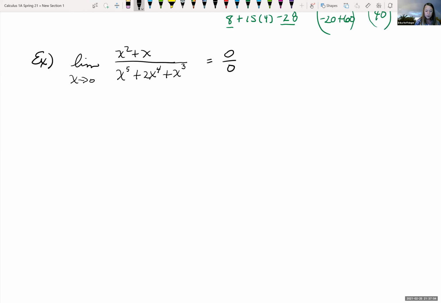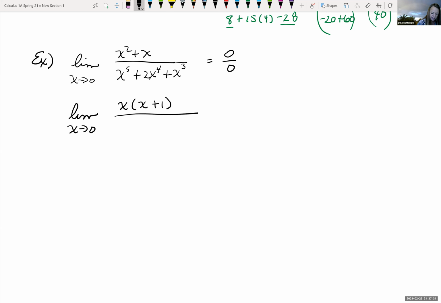So this is where we have to go back and manipulate it. Looking at it, I have a polynomial in my numerator and a polynomial in my denominator. So if I'm getting a 0 in both places, that means I can factor it, and they're going to have like factors. In x squared plus x, I notice I can factor out an x in the numerator. So if I pull out a single x, I'm left with x plus 1.